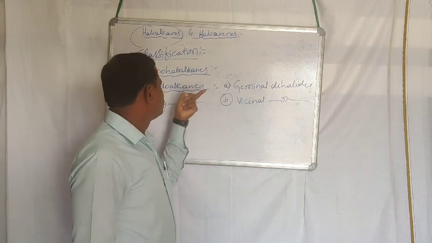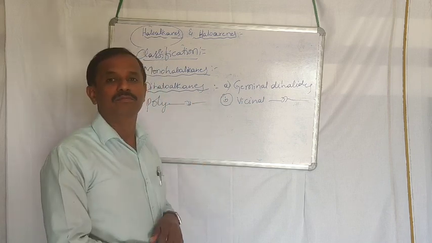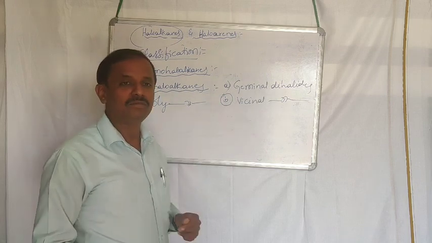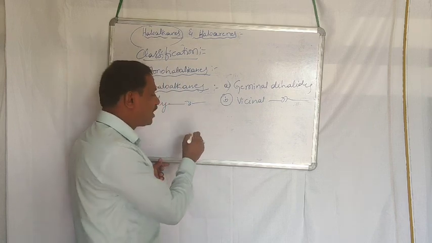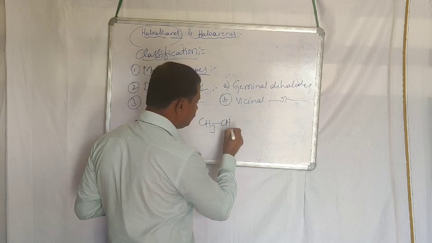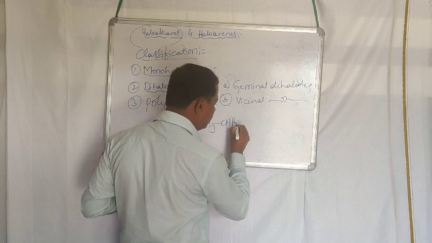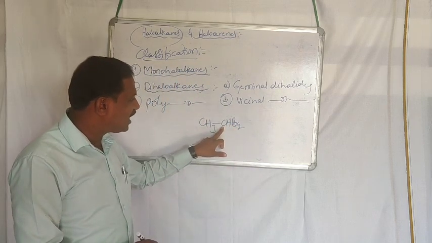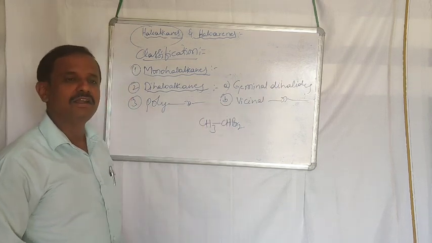If two halogen atoms are present on the same carbon atom of a haloalkane, it is called a geminal dihalide. For example, ethylidene dichloride or ethylidene dibromide. The two halogen atoms are present on the same carbon atom, hence it is called a geminal dihalide.